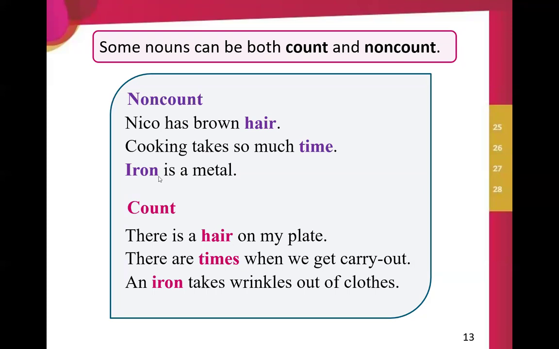Concentrate with me and differentiate between iron, which is the material or the metal, and an iron, which means the machine we use to iron our clothes. So an iron takes wrinkles out of clothes while ironing. This is the machine.